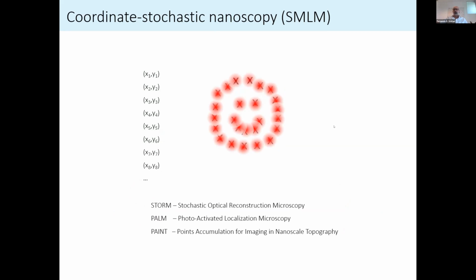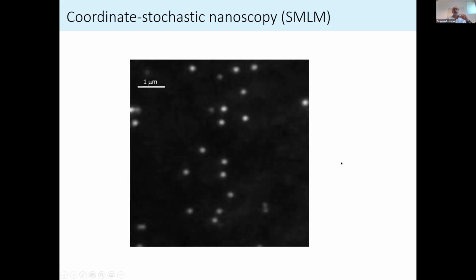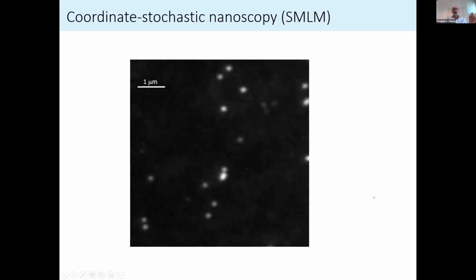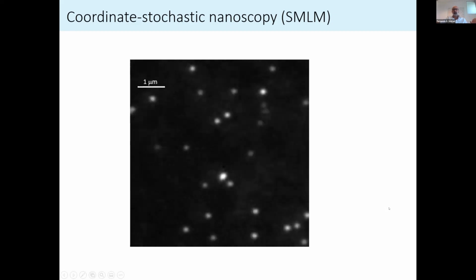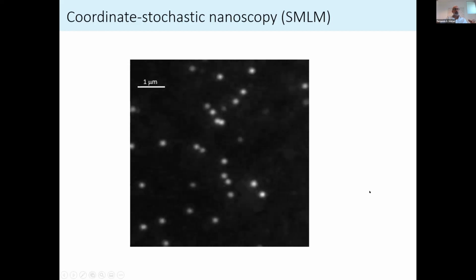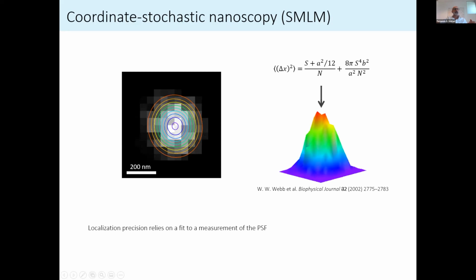Okay, so you can see that in this technique, all the information is retrieved from the image of the single molecules. In practice, one has to record data like this. It's a video where molecules are switching on and off in different positions of the sample. And after analyzing a lot of frames and determining the position of each one of these signals, one can reconstruct an image. So we have to take each one of those images and determine its center.